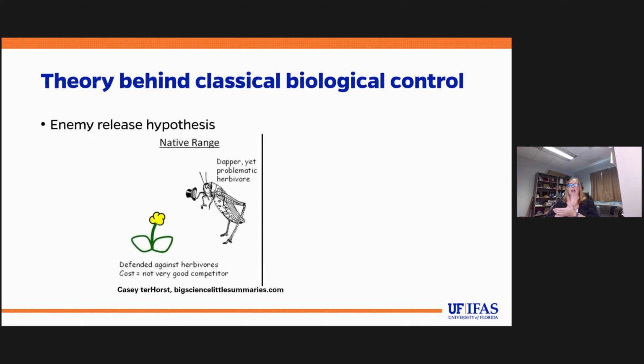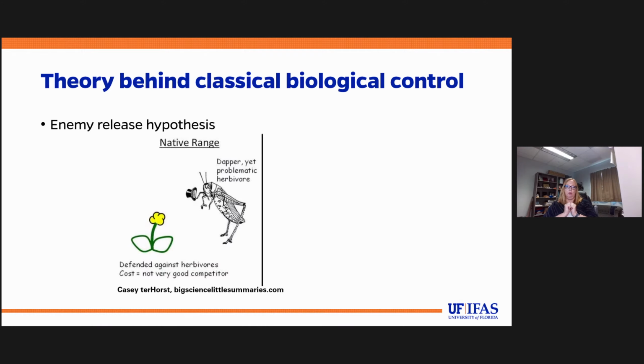Now, the theory behind classical biological control is based on the enemy release hypothesis. And so we had talked about how invasive species are non-native, which means they are not from here. And so in their native range, so say Brazilian pepper in Brazil, Brazilian pepper is not a problem with plants.